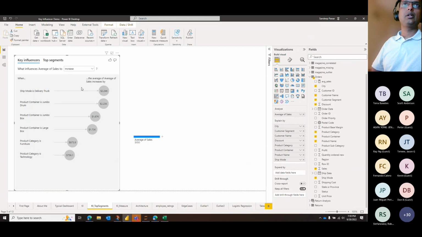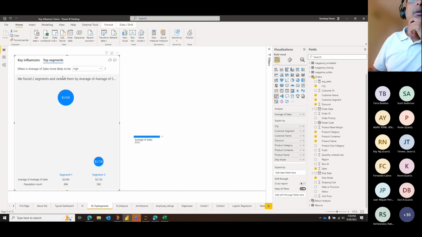Now it shows increase or decrease, because we are dealing with sales, which is a numerical quantity. So now it's doing linear regression rather than logistic regression. The question is, what are the factors that will make sales go up or go down?